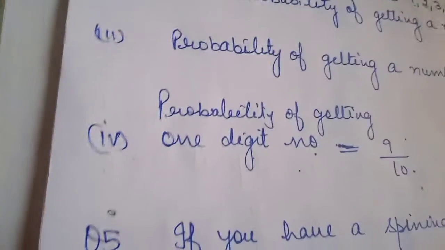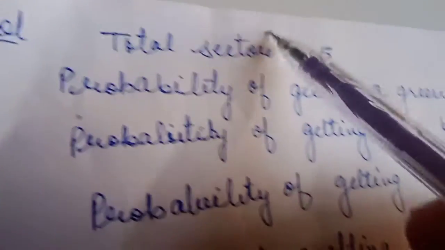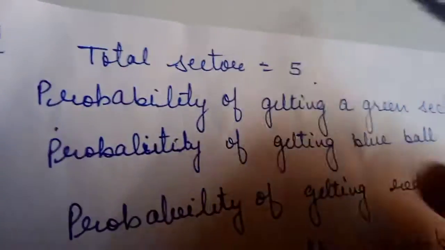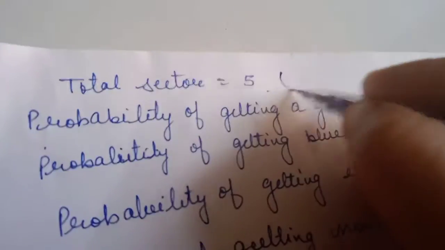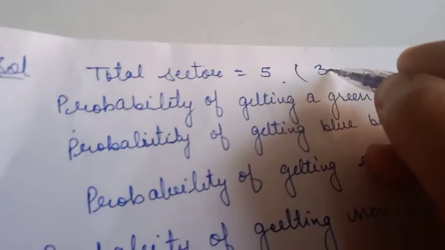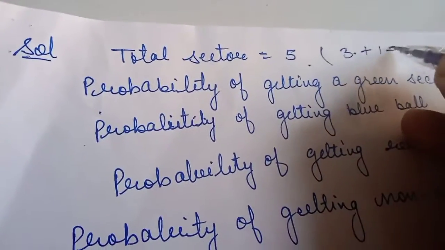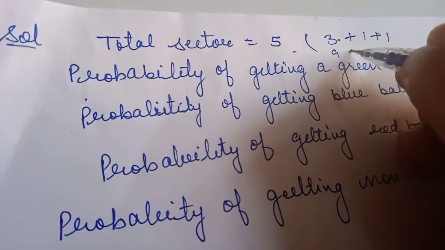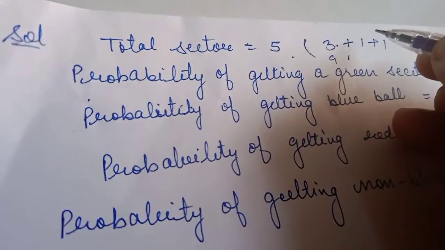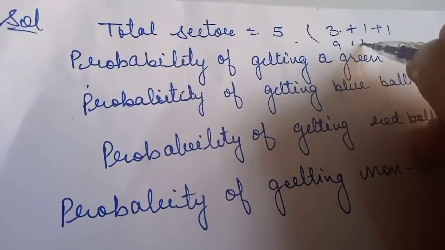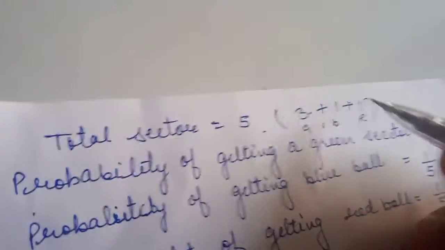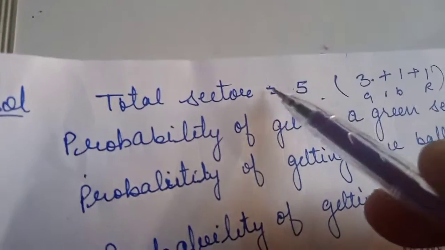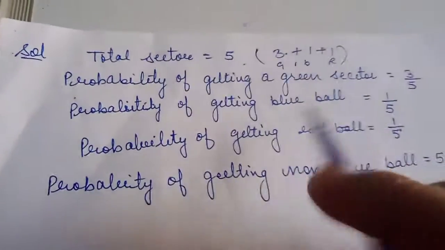So total sectors are 5. How are the total sectors 5? 3 are green, 1 is blue and 1 is red, so the total number of sectors is 5.